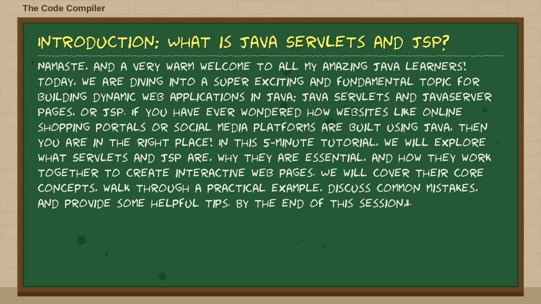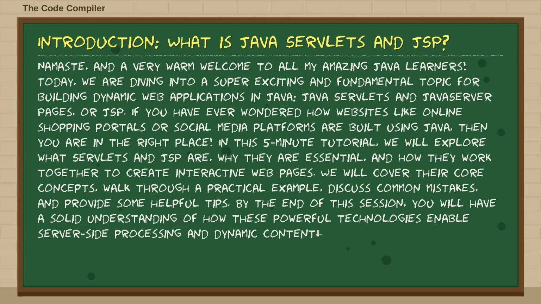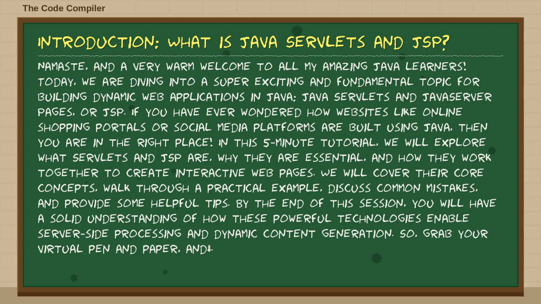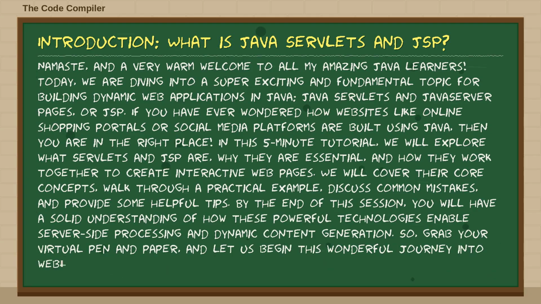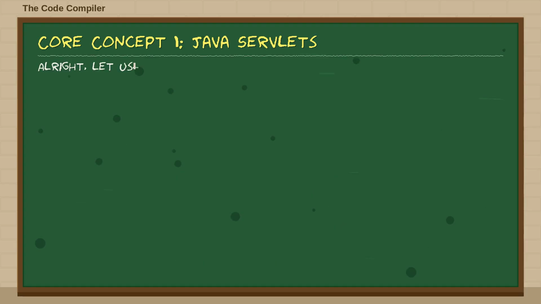By the end of this session, you will have a solid understanding of how these powerful technologies enable server-side processing and dynamic content generation. So, grab your virtual pen and paper, and let us begin this wonderful journey into web development with Java. Alright, let us start with servlets.